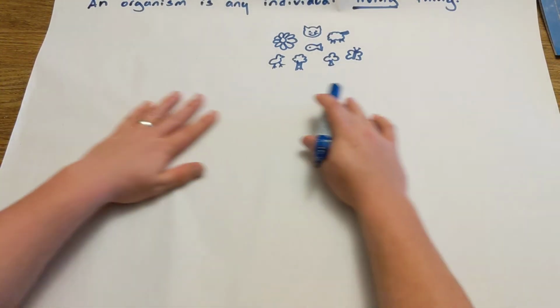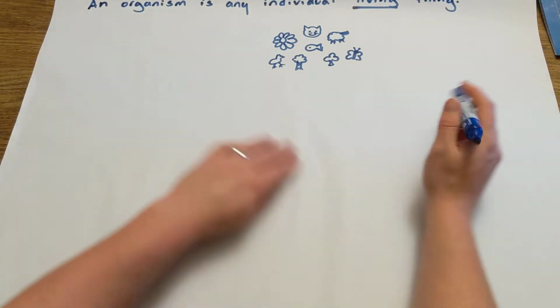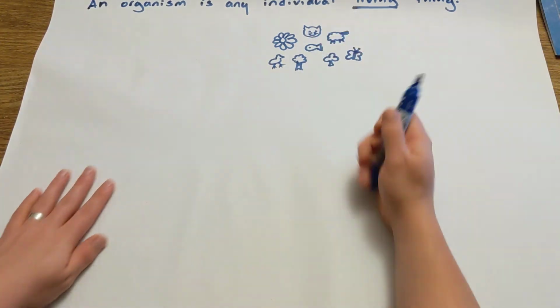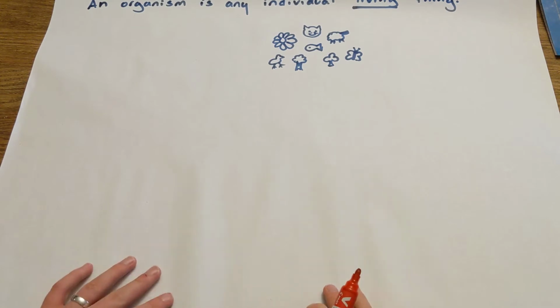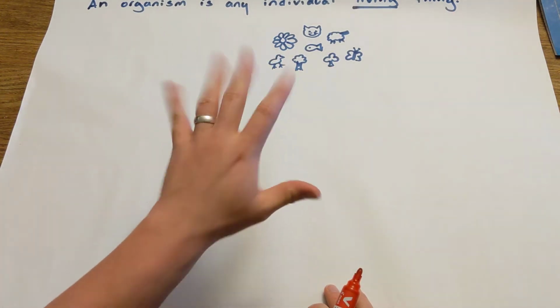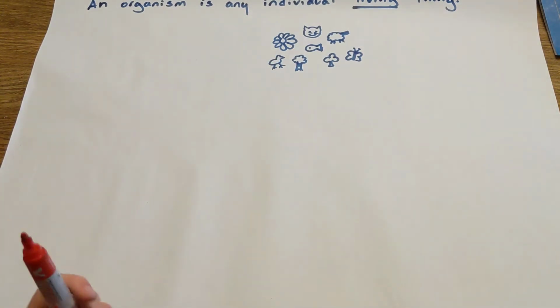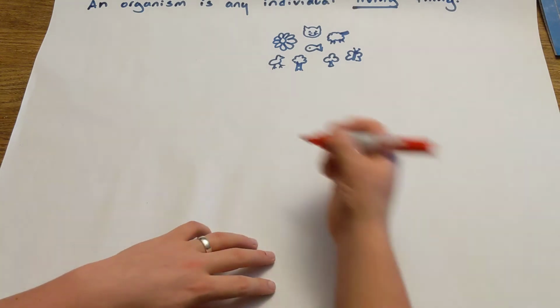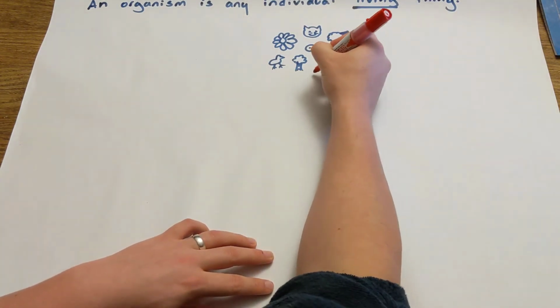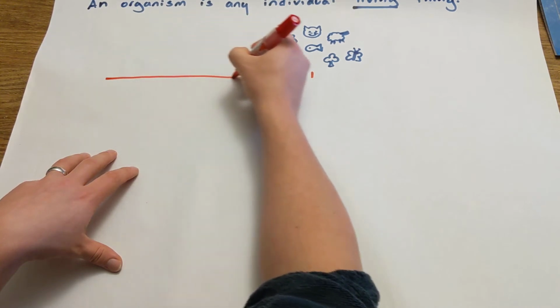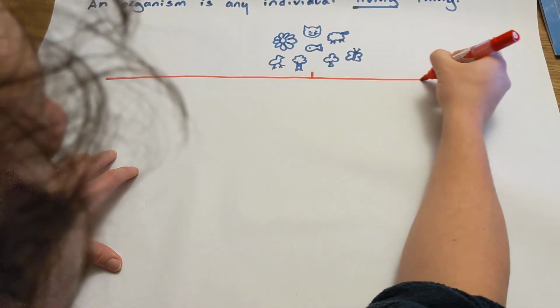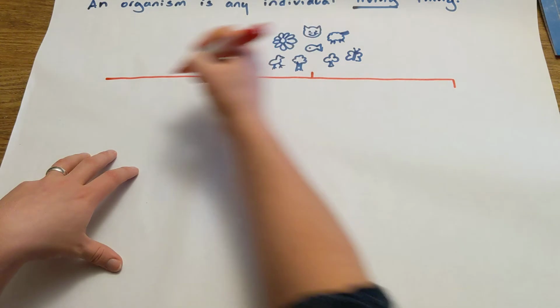So, if we take all the organisms to be all the living things, we want to split these up, okay? Now, there are 5 main groups we can split organisms into, okay? There's only 2 we're really going to focus on here. Okay, so we can split organisms up into groups here.